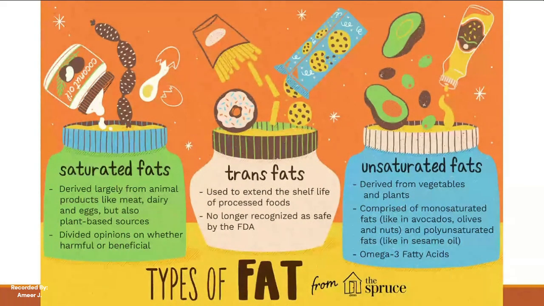Trans fat is used to extend the shelf life of processed foods and is no longer recognized as safe by the FDA. Unsaturated fats are derived from vegetables and plants, comprised of monounsaturated fats like those in avocados, olives, and nuts, and polyunsaturated fats like those in sesame oil. And the last point is that omega-3 fatty acid is an unsaturated fatty acid.